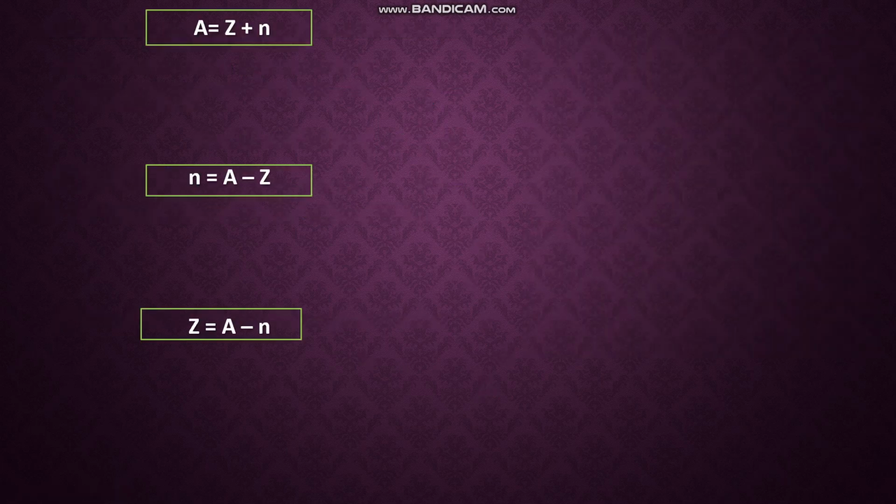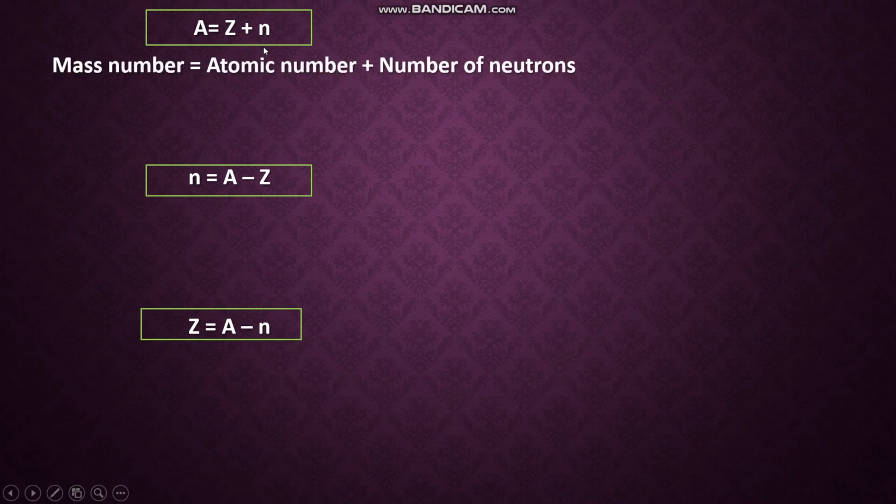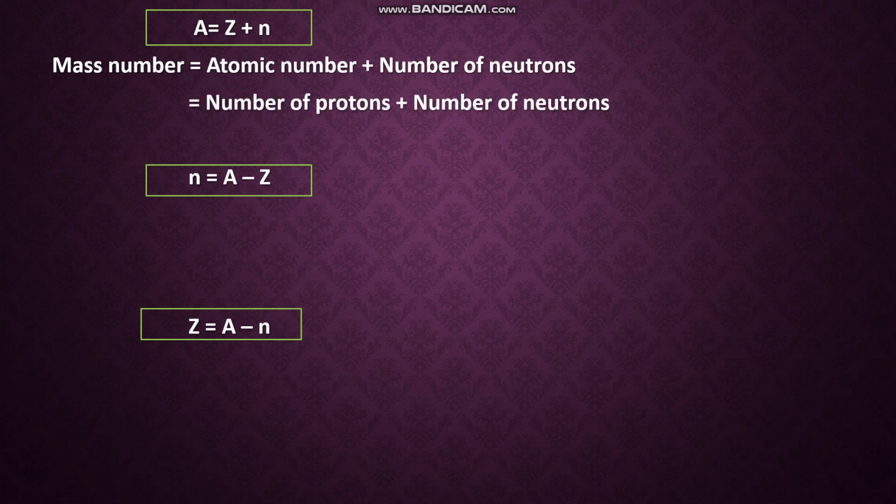Now let us see the equations. We have seen now mass number is equal to atomic number plus number of neutrons. So as atomic number is equal to number of protons, we can also write this equation as number of protons plus number of neutrons.